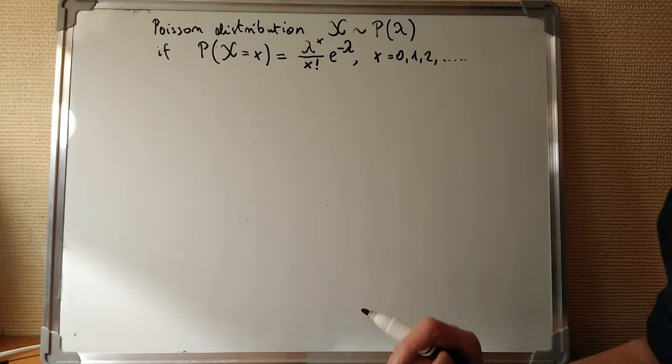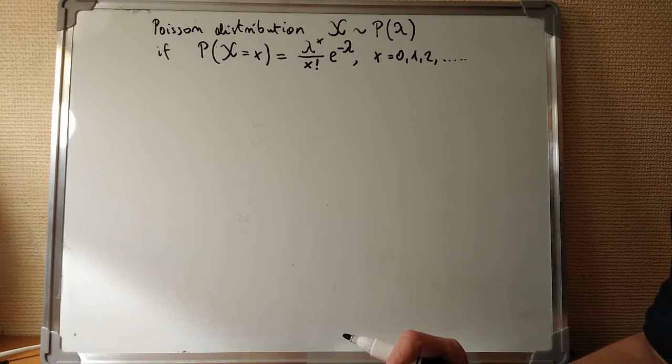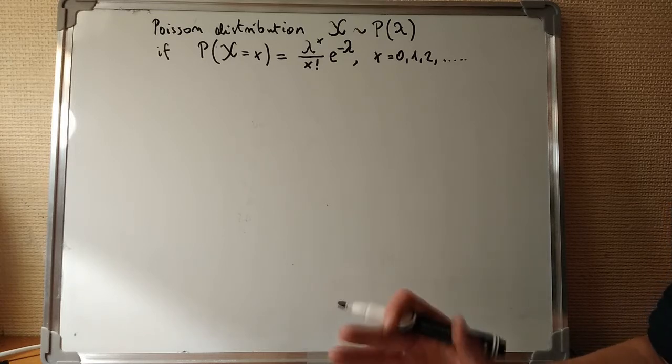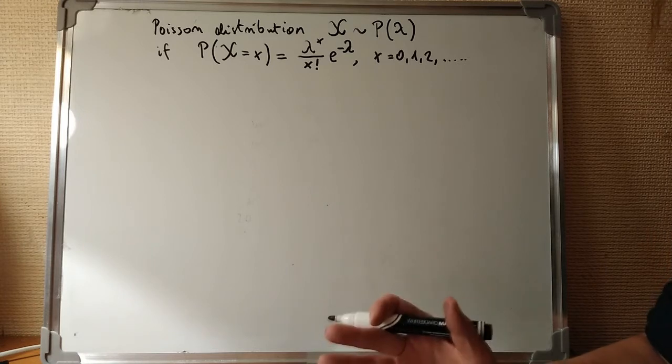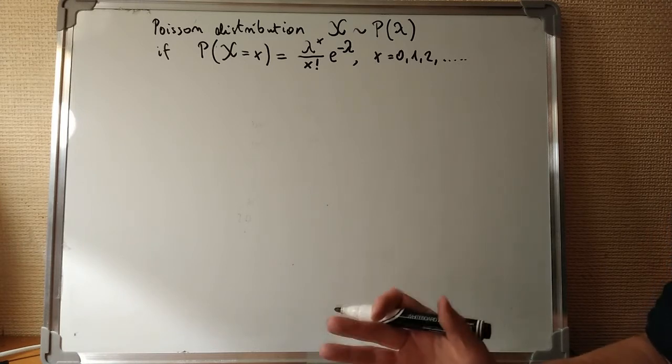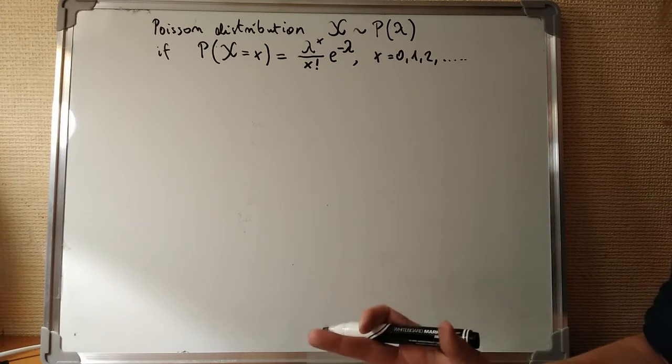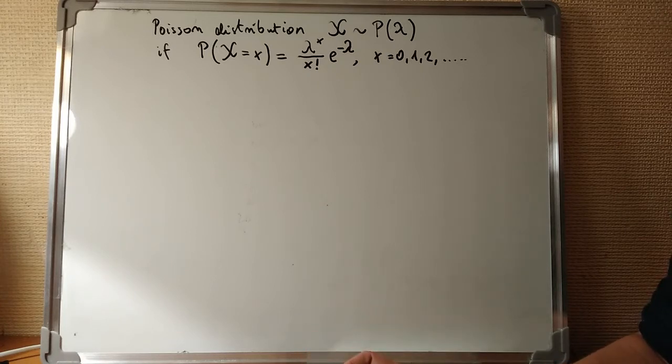Where can we find it? Where can we use it? In many industrial and not only industrial occasions. For example, when something happens quite randomly and during some unit of time or a unit of measure, we expect some number. For example, we have statistics that on average 3 cars come to a gas station during an hour.